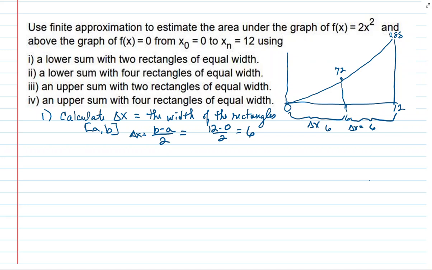Okay, so we've got our delta x, and now we know we're going to construct our sums of each partition. In this case, it's 2. Right. And the lower end or the upper end, in this case, it's the lower sum.